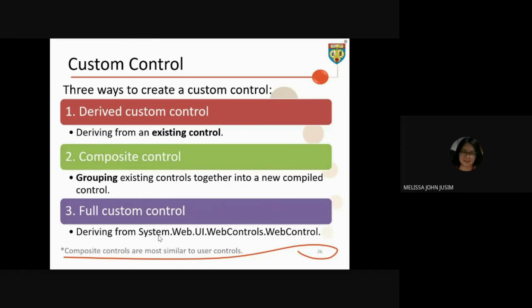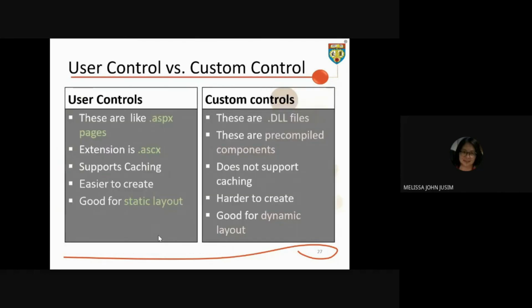So they look similar, but let me go through this by showing you the more obvious difference. Okay, user control is like your ASPX pages, but it has already been converted into a control.